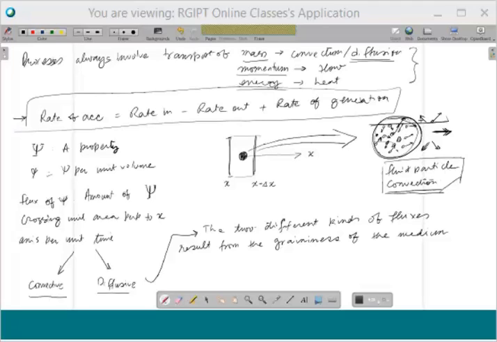Even though overall the particle is moving in this direction, it's possible that the property may cross in this direction as well, because of the graininess. So that leads to a different kind of transport called diffusive transport. So that is the diffusive flux.